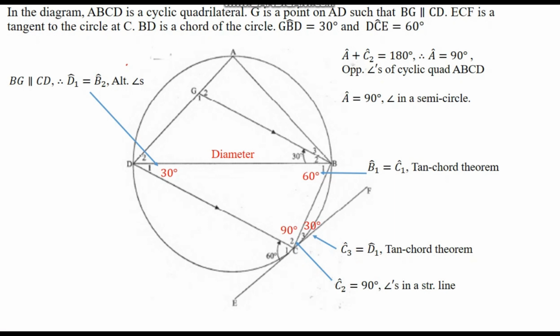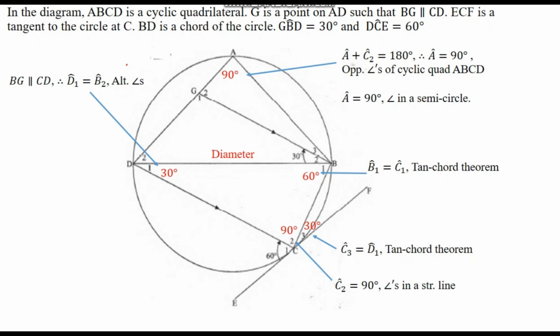Alternatively, you would say that the magnitude of angle A is 90 degrees. The reason is the angle in a semicircle, because now we know that the chord BD is a special chord called the diameter. Either you use the theorem which says opposite angles of a cyclic quad are supplementary, then you get angle A as 90 degrees, or you know that angle A is subtended by the chord BD, which is a special chord called the diameter.